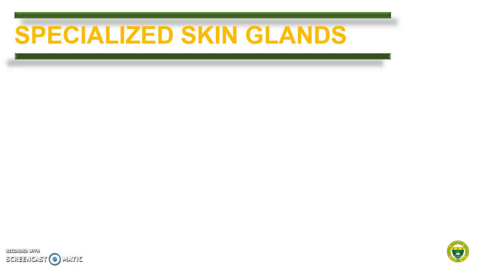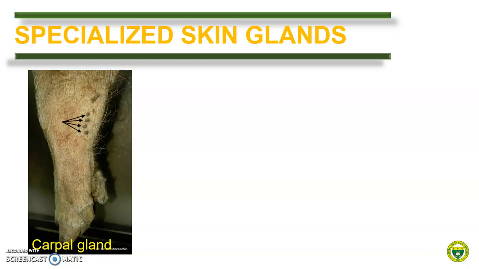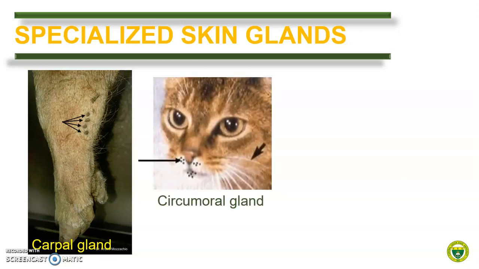Let us discuss some of these specialized skin glands. In pigs, there are what we call carpal glands. These are located proximal to the carpus on the caudomedial side of the leg. They produce sexual pheromones to sexually stimulate the mating partner. In cats, they have a circumoral gland located in the skin around the lower lip.